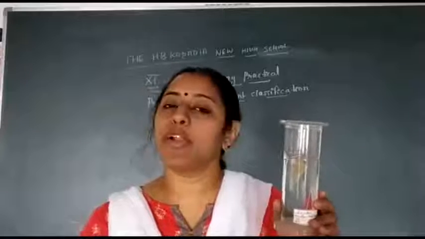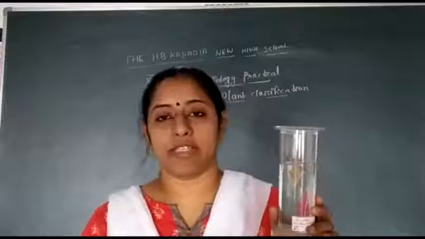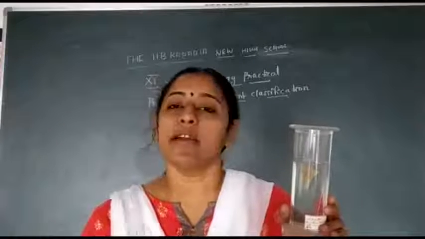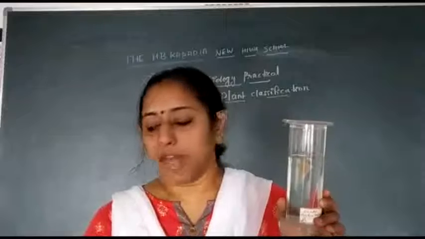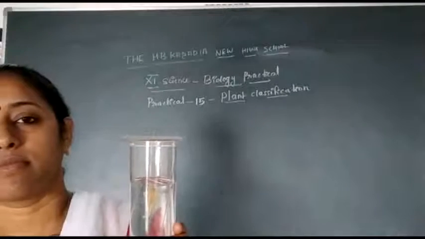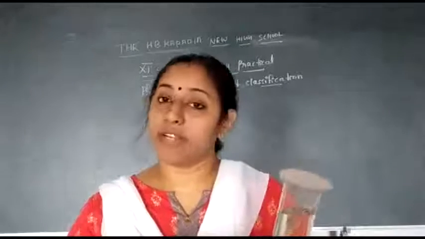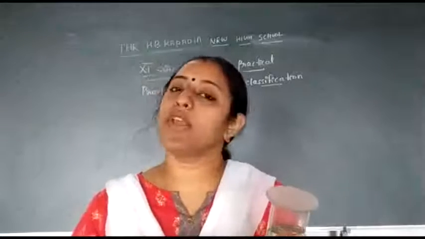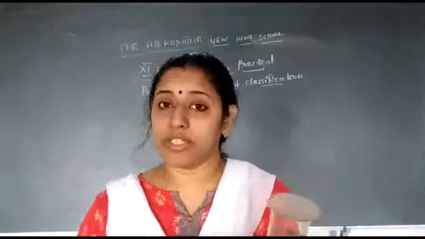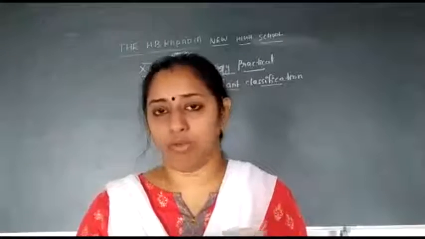In xylem you can find only simple structures, mainly tracheids, and in phloem also simple structures, the sieve cells. So these are simple types of vascular tissues, and they are responsible for conduction of food and water.